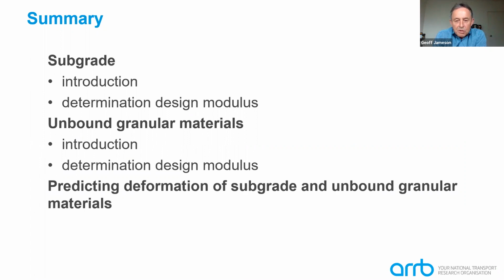Then I finished off with some slides showing how we predict the surface deformation, surface rutting, due to deformation of granular materials and subgrade materials, and also some of the challenges there, both in our ability to come up with appropriate elastic characterization of both subgrade and granular materials, the limitations of linear elastic modelling, and the limitations in our ability to predict the deformation of pavements.